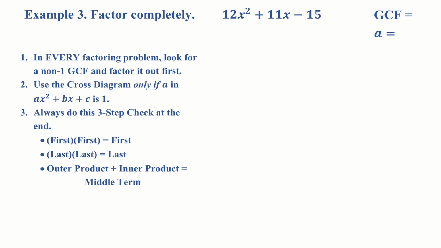All right, so let's go ahead and take a look at this problem now. Of course, we always start by checking the GCF. We notice here again it's 1 and A is 12, so we cannot use that cross diagram, but for the cases of A being 1. We're going to just go ahead and dive right in and do some trials.